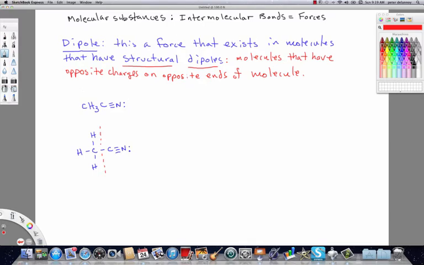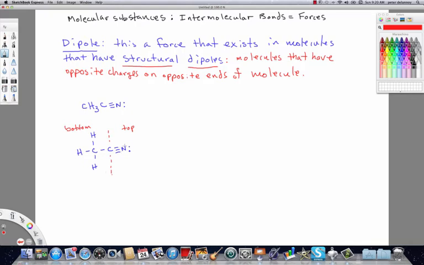Actually, I should have moved that over one. Sorry, let me just fix that really quick. So this line that I'm drawing should have been moved over one, so it should be here. So we can distinguish two ends to this molecule, and arbitrarily I'm going to say this is the top and this is the bottom. You could name it something else if you want. Just need to understand that we've got two ends.